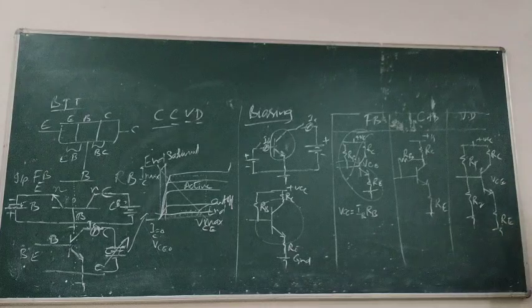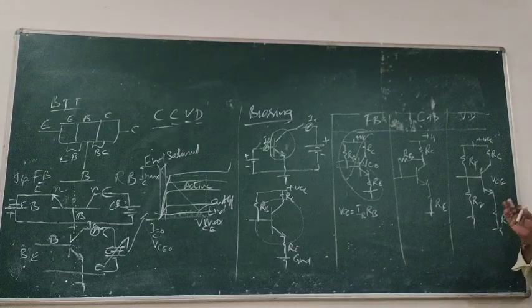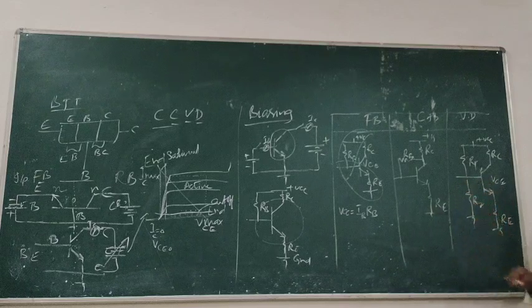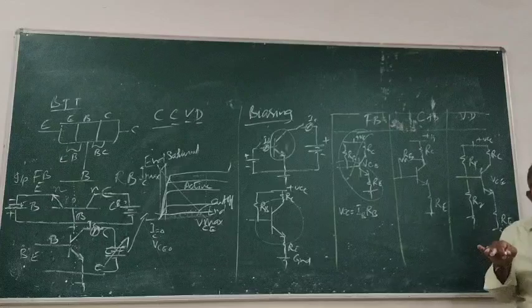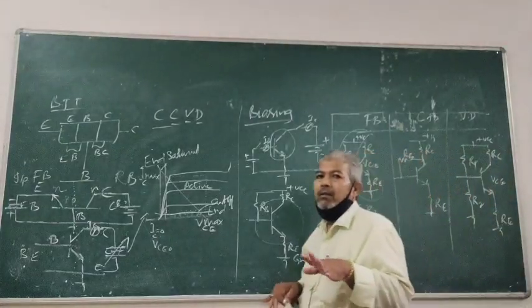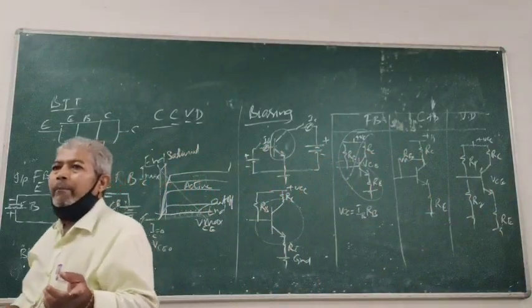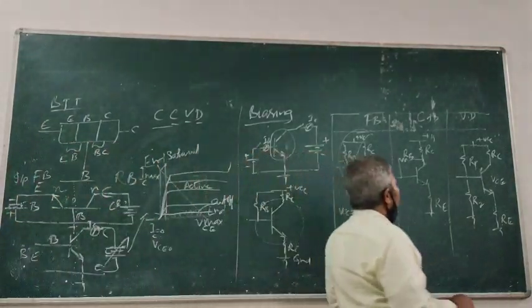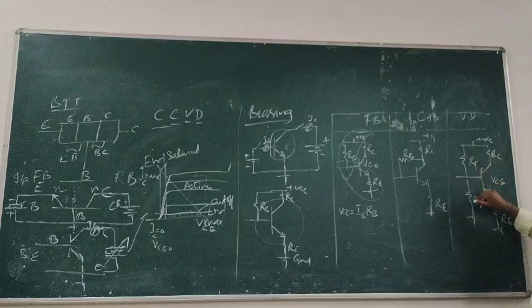We are taking parallel resistors from VCC to the ground and giving the connection of the middle one to the base. That means it balances the current and supplies it to the base. Is that clear? That's why it is called a voltage divider bias.